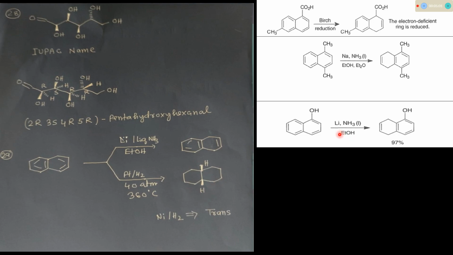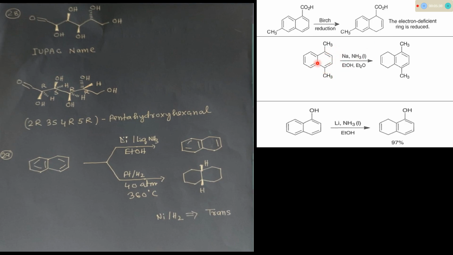These are some references from the Nanzeifel book. See the Birch reduction of these naphthalene moieties. The electron deficient ring is reduced. Obviously, reduction means electron acceptance, so the electron deficient ring accepts electrons, and the electron rich ring cannot accept electrons.